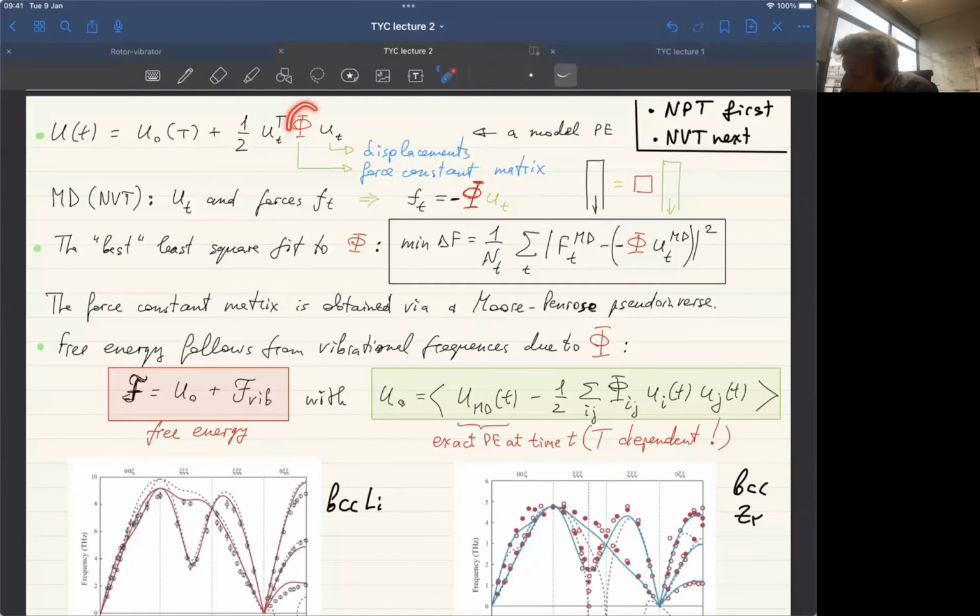And here you have a matrix phi, the force constant matrix, associated with this particular structure. If we knew this force constant matrix, we would be able to diagonalize it. In fact, not this matrix, but rescaled with atomic masses, and therefore determine the dynamical matrix and diagonalize it, as I explained before. And that way you would obtain the phonons. But how to get access to this matrix? How to determine this matrix? So that's the main idea here.